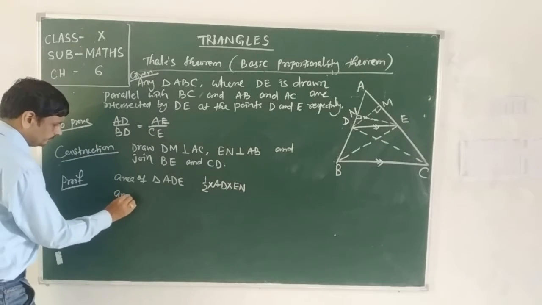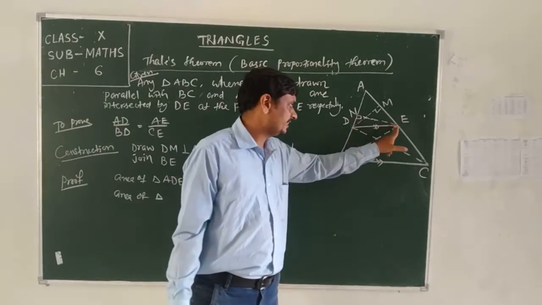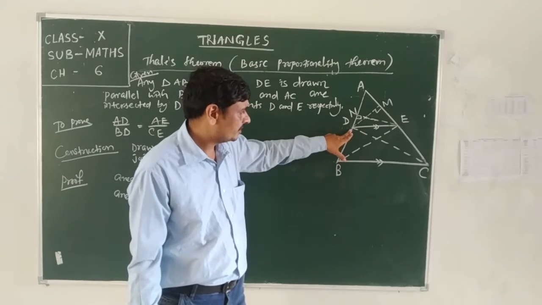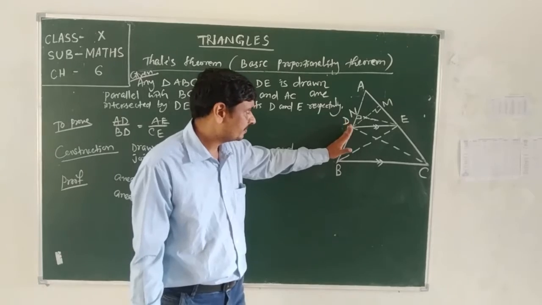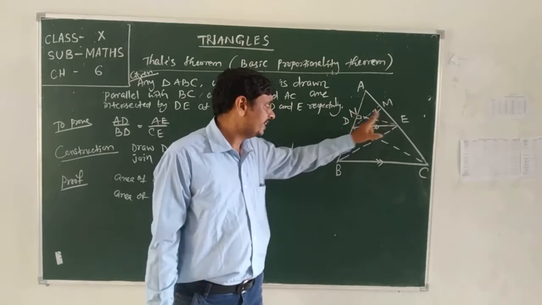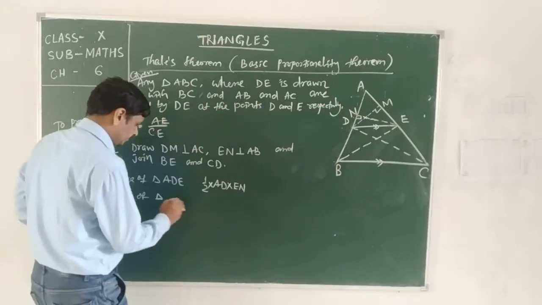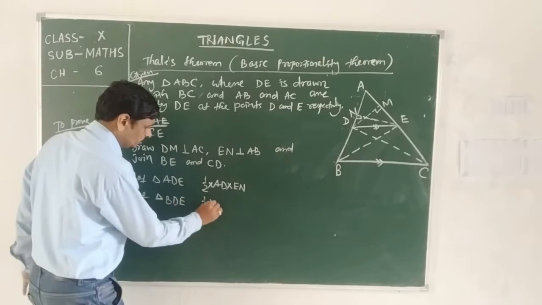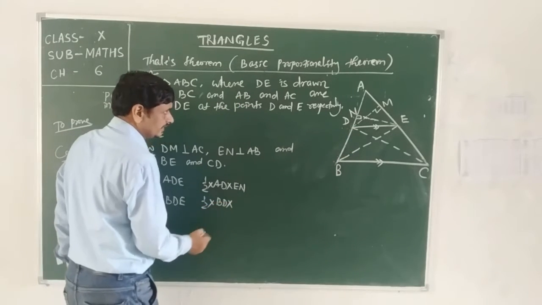Similarly, area of triangle BDE: if we consider BD as its base, then EN becomes its height, since EN subtends 90 degrees on BD. So triangle BDE is half into base BD into height EN.